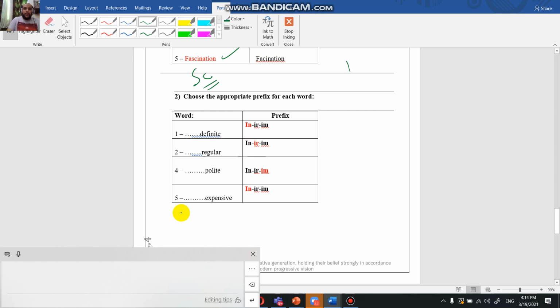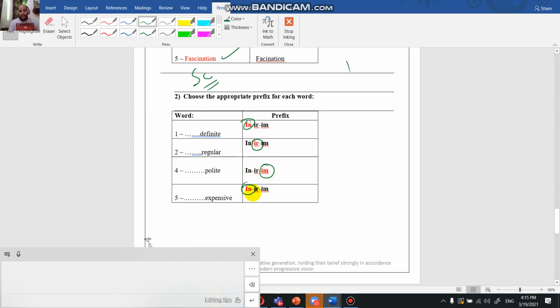Now here we are talking about the prefixes. We have said that the prefix is a group of letters that we're going to add at the beginning of the word. Okay. So usually to give the opposite of the word, but not always. Okay. So here, of course, it's indefinite, irregular, impolite with M, inexpensive.